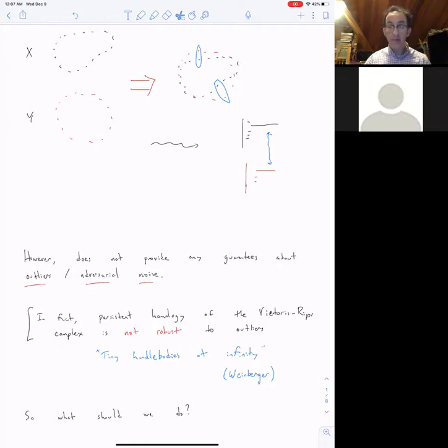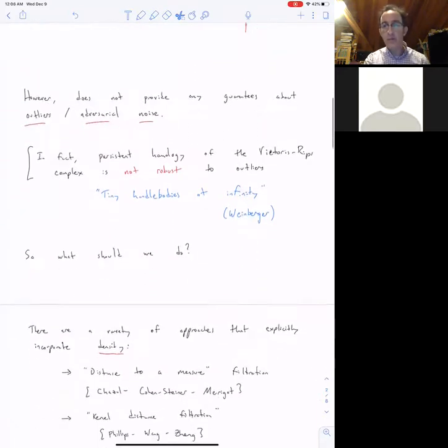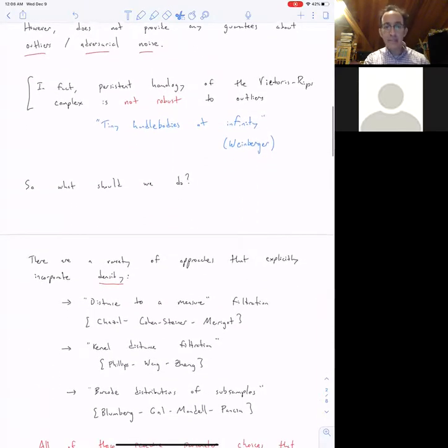Okay, so this is great. This says if you take your data and you perturb it, by adding a little bit of noise around the data points or something like that in an ambient space you sampled from, the barcode doesn't change that much. But it doesn't provide any guarantees at all about outliers or adversarial noise. In fact, it's easy to see that persistent homology of the Vietoris-Rips complex is not robust to outliers at all.